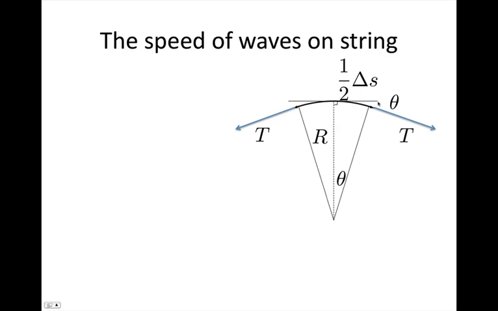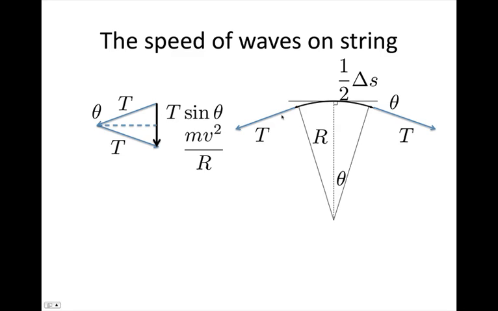Okay, so that's just the same picture again. Now what we do is we move this tension here, so that we're adding them head to tail. When we do that, we know that our resultant force is the mass times the centripetal acceleration. So looking at the geometry, this angle in here was theta, which tells us this angle here is theta. So half the length down here is T sine theta.